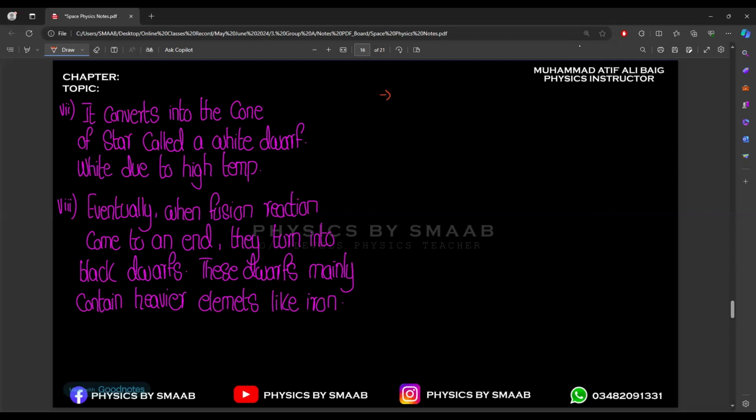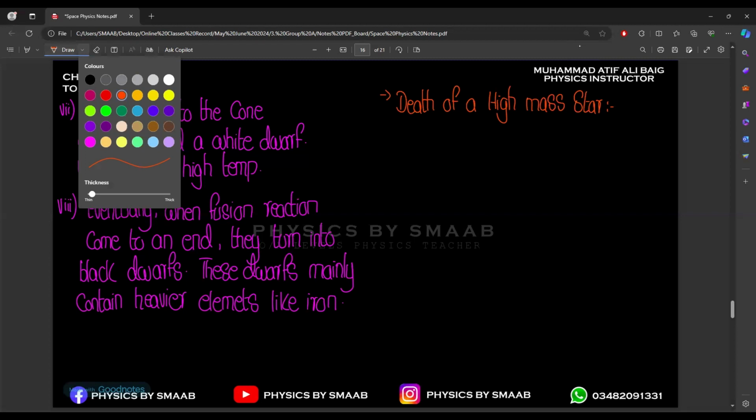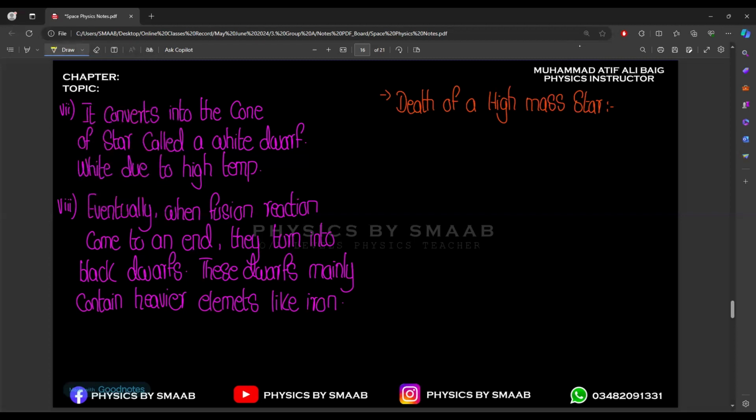And if we also compare it with the death of a high mass star, opposite to the example of the sun. So if we talk about these stars, the first point is how much greater the mass of this type of red giant is.